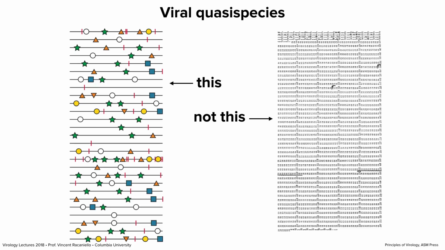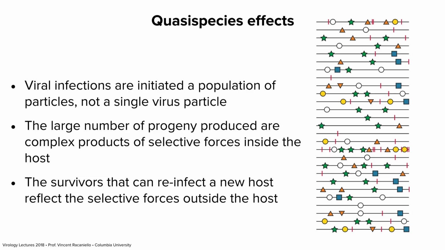Now you can do deep sequencing and detect individual genomes in a virus population. So you can actually sequence the quasi-species. So whenever you think of a virus, remember, it's a mixed sequence and not a single one. And that has enormous implications for evolution, as you'll see.